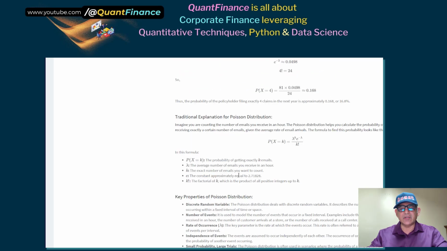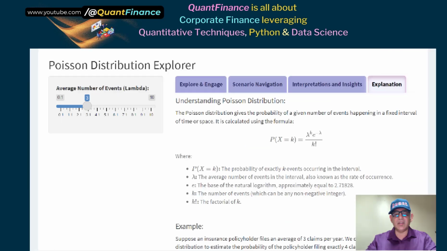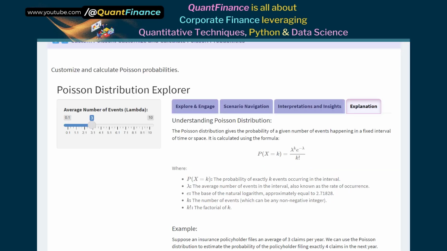With these pieces of information on hand, let us talk about this amazing formula of Poisson distribution, which helps us calculate the PMF, the probability mass function, and it reads as P of X equals k equals lambda to the power of k times e to the power of negative lambda, divided by k factorial.